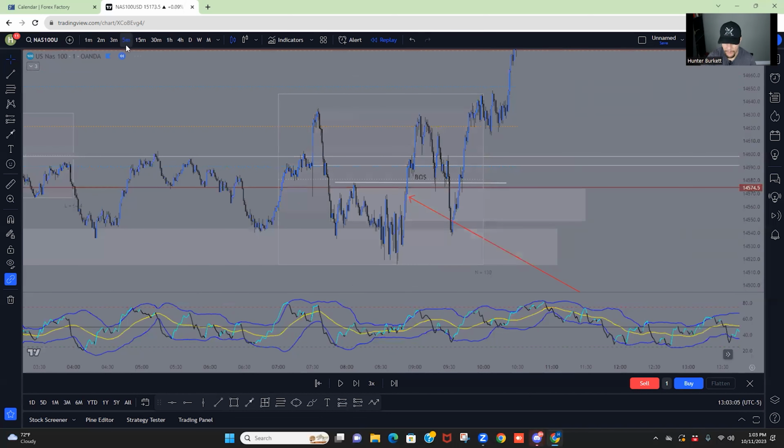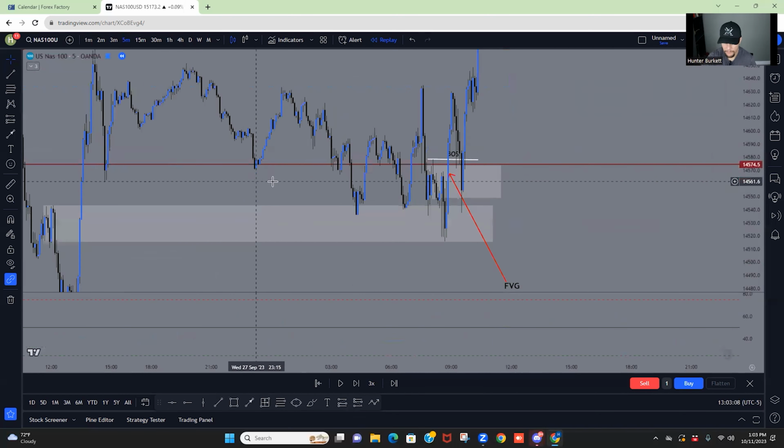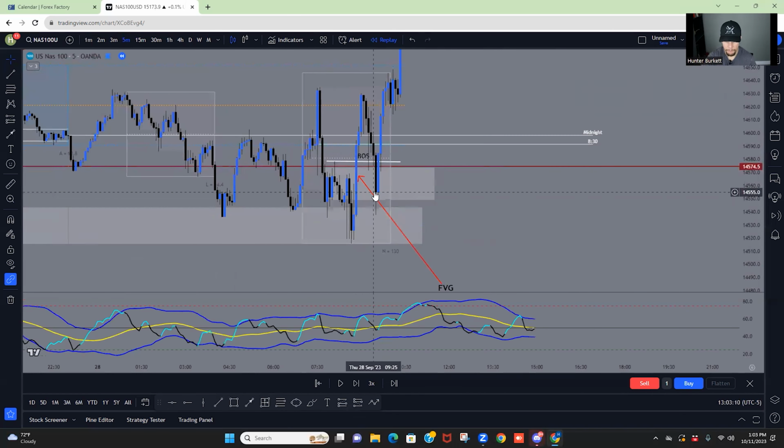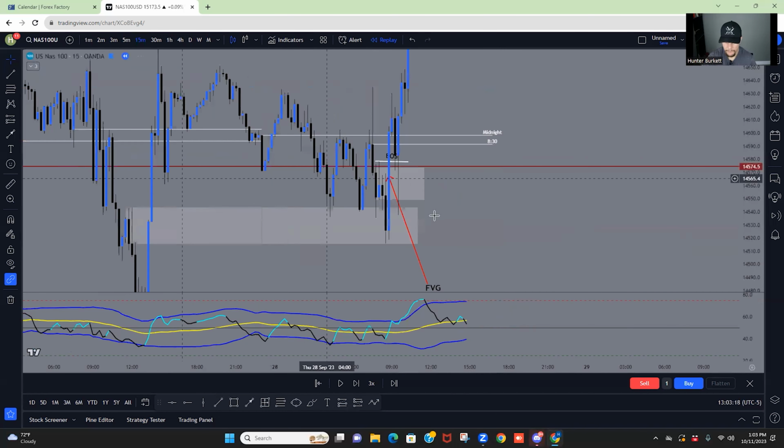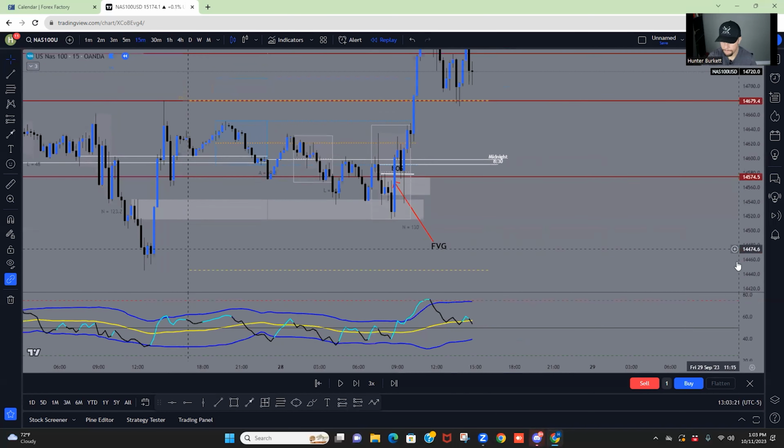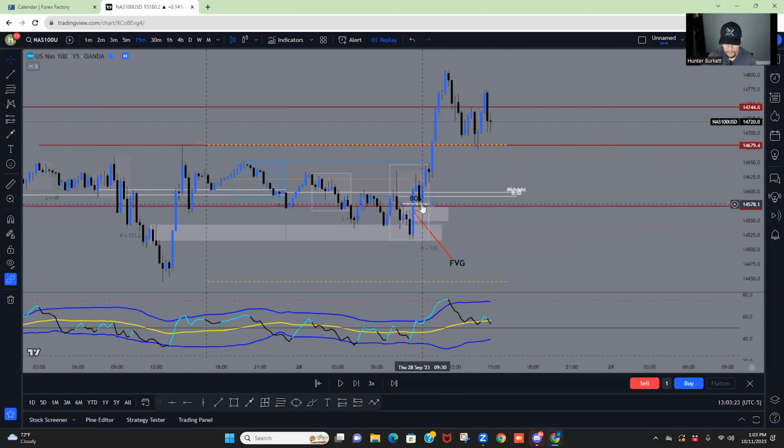Let me go back up to the 5 minute, and you can see that the bodies were respecting the halfway point of that breaker. Okay, let's go to the 15. Look how the bodies closed above the breaker.